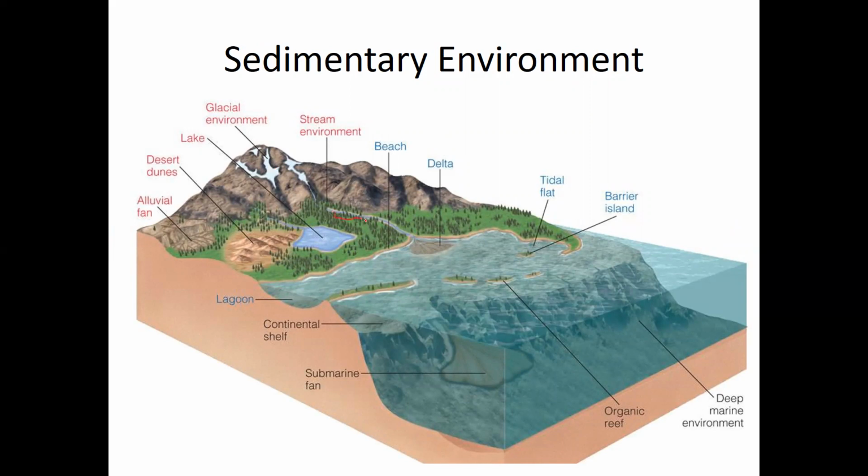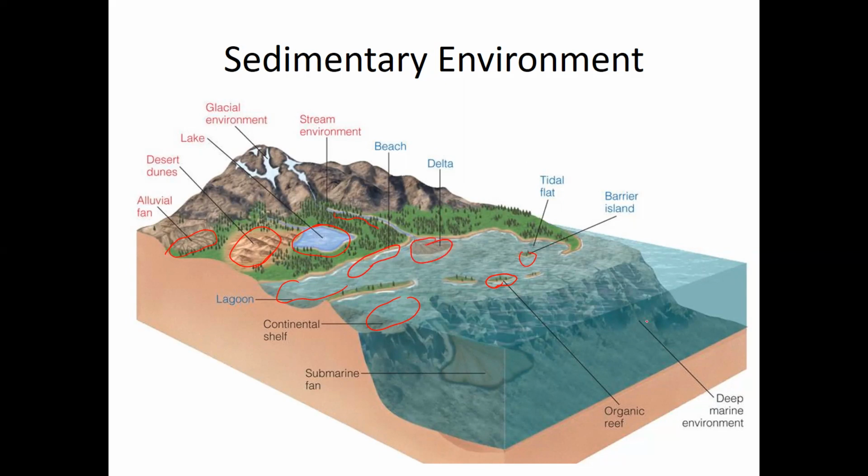You have stream channels, lake beds, deserts where wind deposits sediment. You have alluvial fans at the base of mountains, lagoons, the shallow seafloor, continental shelf, organic reefs like coral reefs, islands, the beach, and river deltas where rivers dump sediment onto the seafloor.